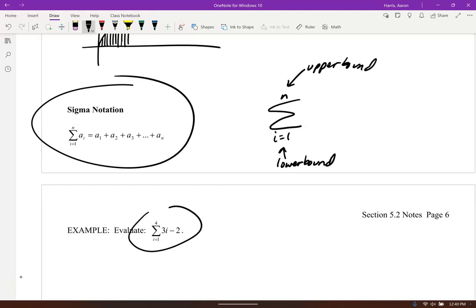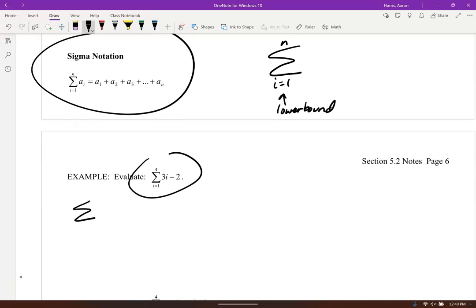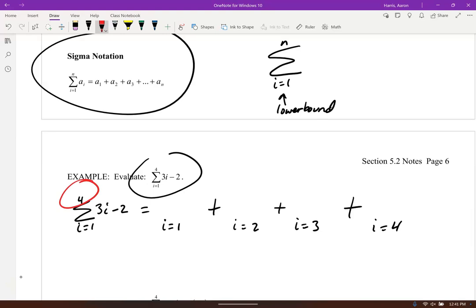So let's do this first one over here. So you have the summation of 3i minus 2 from i being 1 up to 4. So that would be equal to, I'll let i be 1, and then I'll let i be 2 in the formula, and then I'll let i be 3, and then I'll finally let i be 4, because I want to end with my upper bound there at i being 4. So let's go ahead and plug in that one by one. So I got 3 times 1 minus 2.